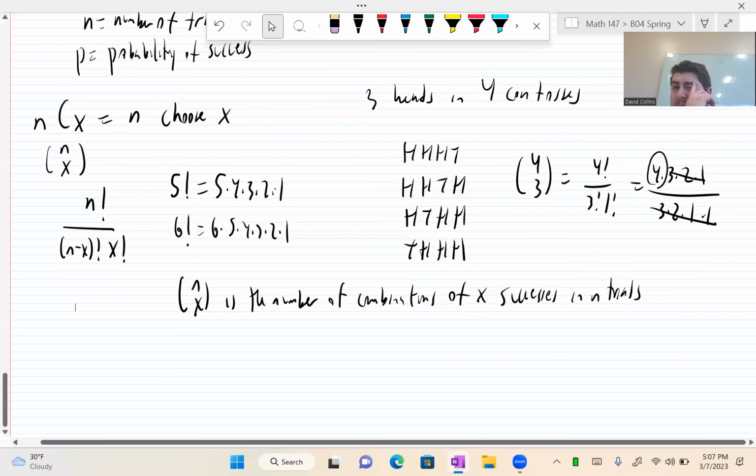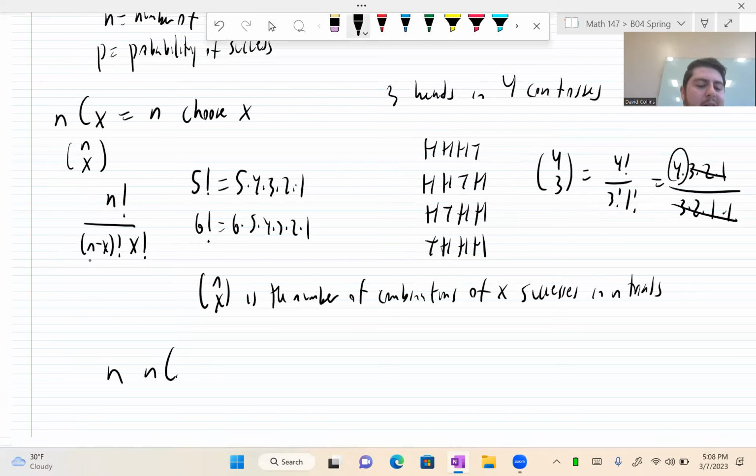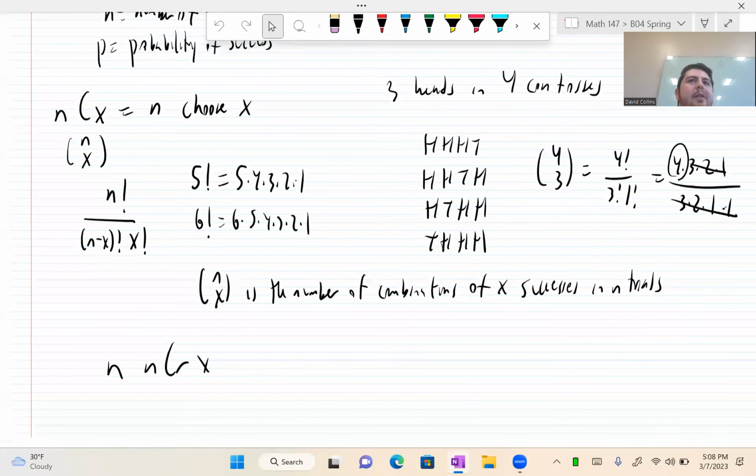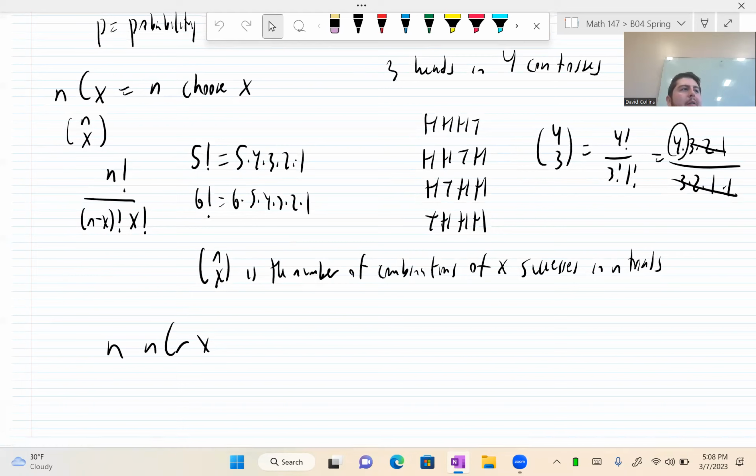If you want to pull out your calculators, you write the N in first, then you click the nCr button, and then you type in X and then enter. If you do 4 nCr 3, you'll see it's 4. Definitely familiarize yourself with this before the test. You type in the first number, then you find the nCr button, under PRB, and then you write 3 and then enter.